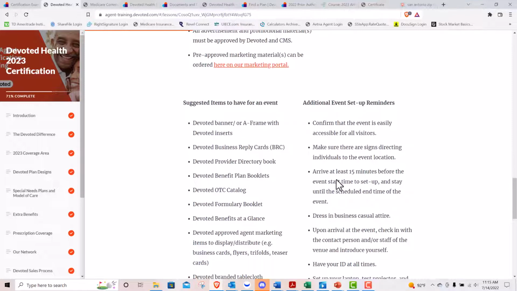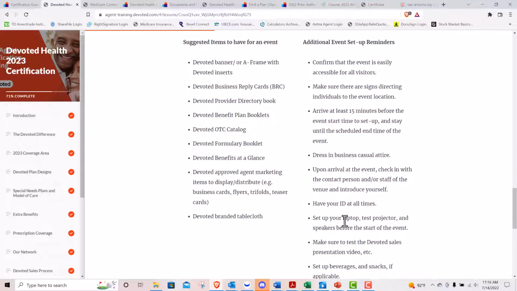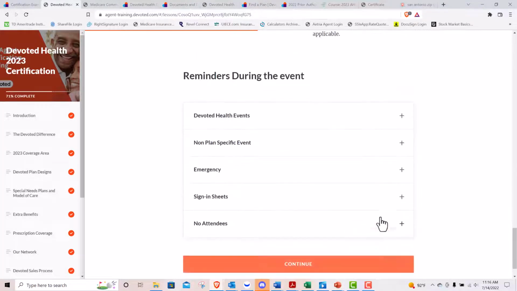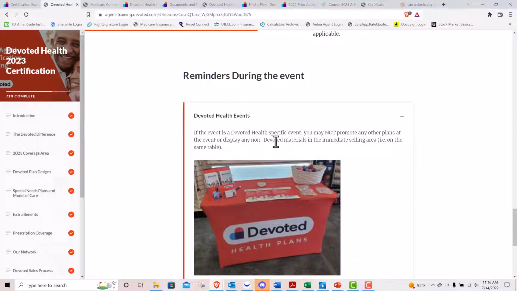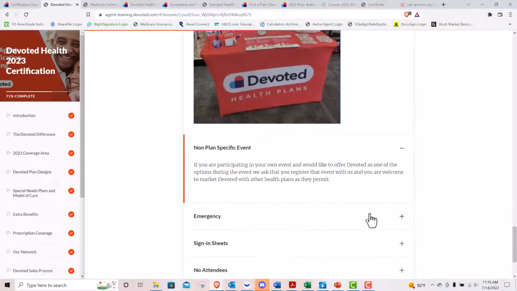And I'm assuming all of these things are available. Everyone knows, be early, set up early, dress to impress, have your ID on at all times, and if you can, bring beverages and snacks. That'd be fun. Alright, reminders in the event, Devoted Health Events. This is, I guess, the table and what you can display. It's non-specific.